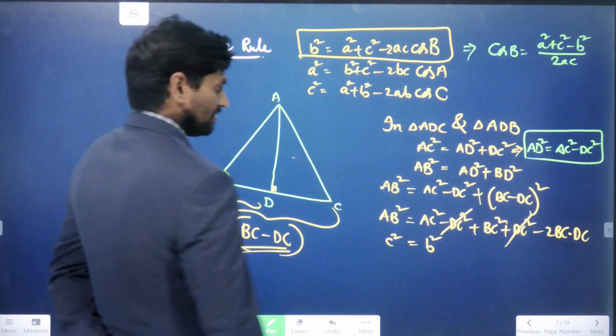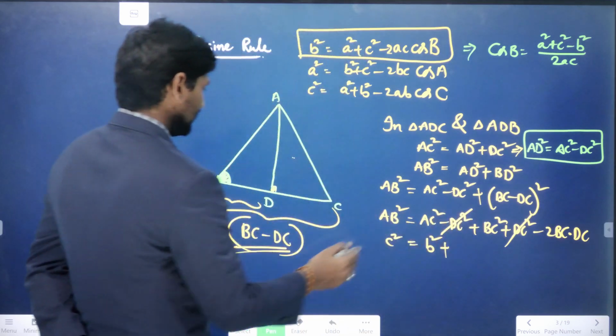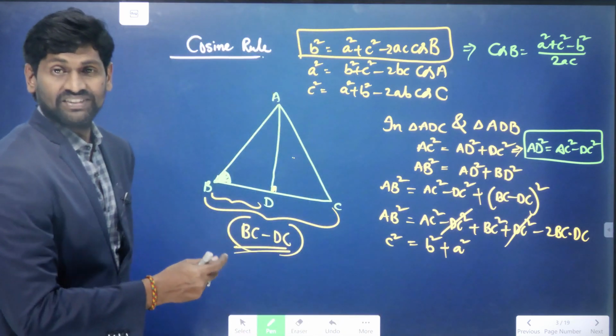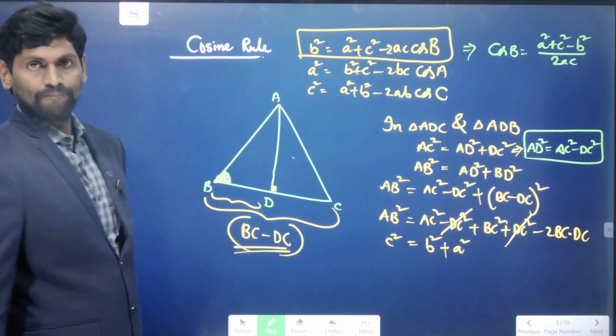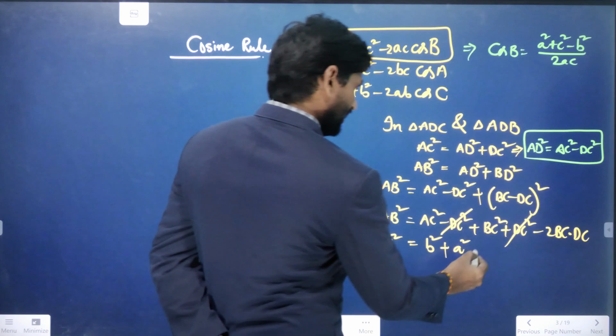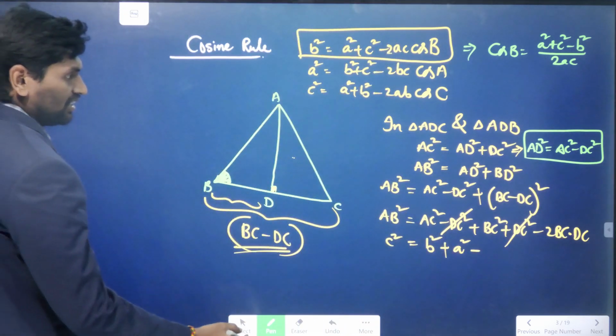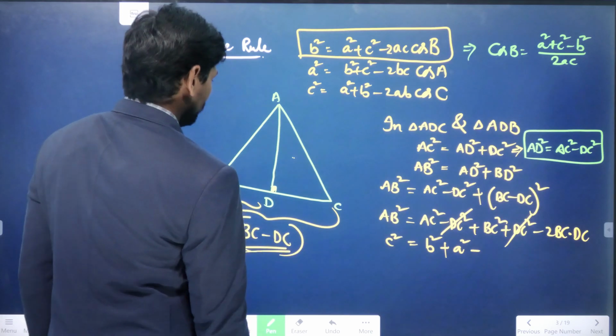The DC square terms cancel. Plus BC, the distance, means small a, because BC is the side exactly opposite to the vertex A. And minus 2 BC into DC.